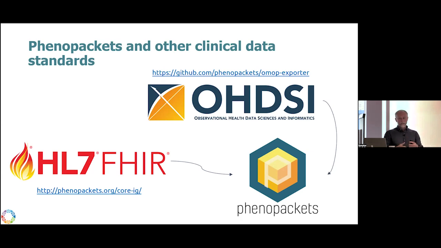Then, allied to that, you've got Odyssey, which is the Observational Health Data Sciences and Informatics. They've got OMOP, which is their common data model, a set of database schemas. So again, this has to live as a set of database tables in the database. You can query this. The difference between these two is that FHIR is really working with individual pieces of information about a patient, whereas OMOP has tables describing all of your patients, but on a particular level.